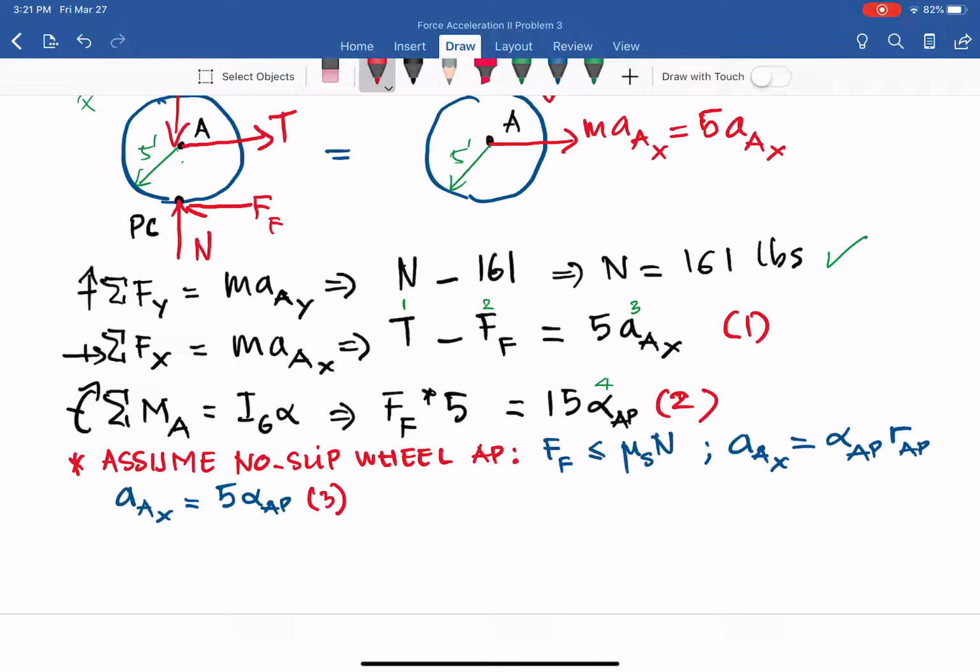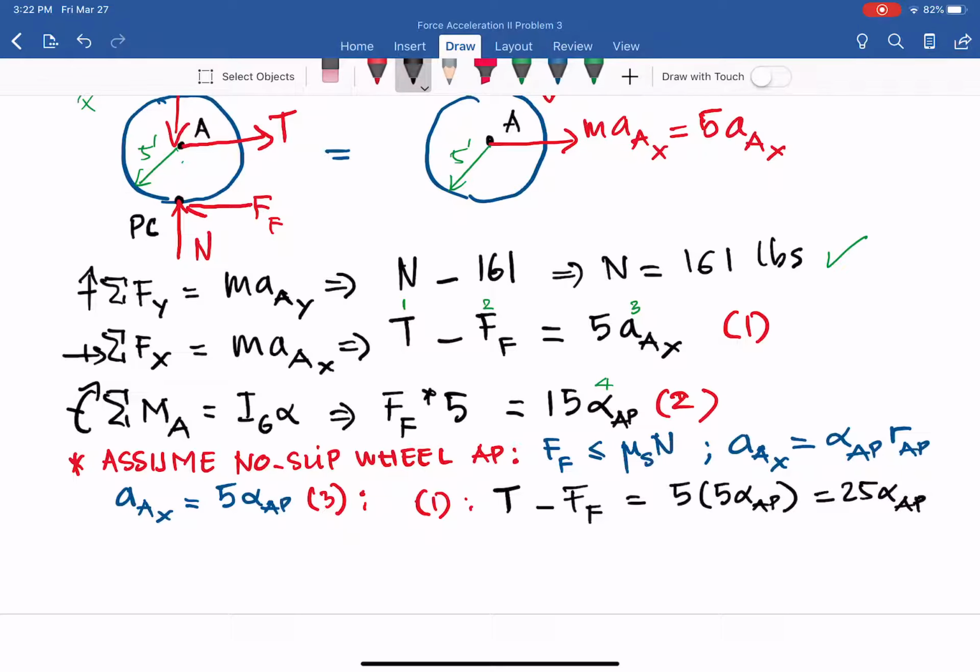Now equation 1 becomes T minus F_F equal to 5 times 5 alpha_AP, and that is 25 alpha_AP.